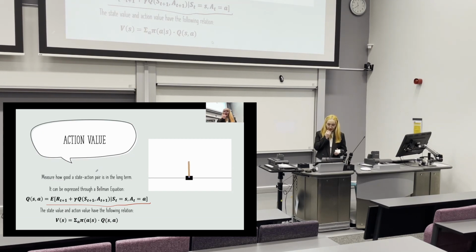And there is a direct relation between the state value and the action value, which is shown here. Basically, the state value can be expanded to be the weighted sum of all the action values over all possible action choices under the current state. The weights are the policy probabilities, which is this part, measuring the possibility of selecting certain actions under certain states.